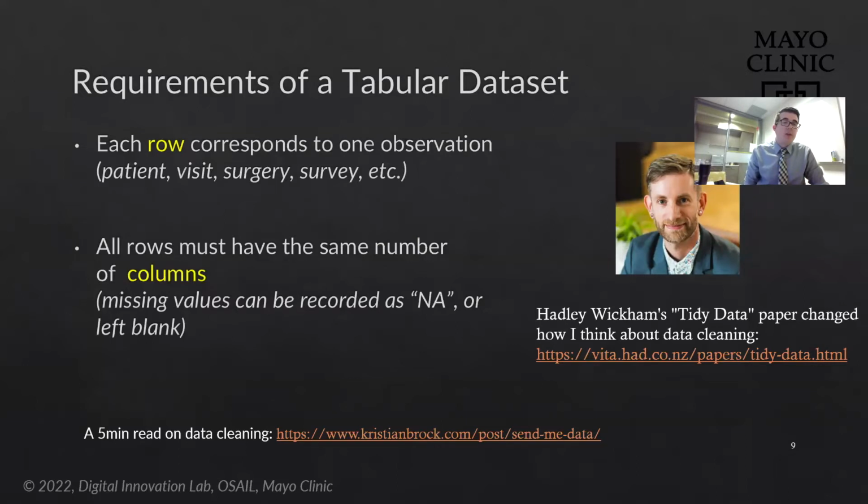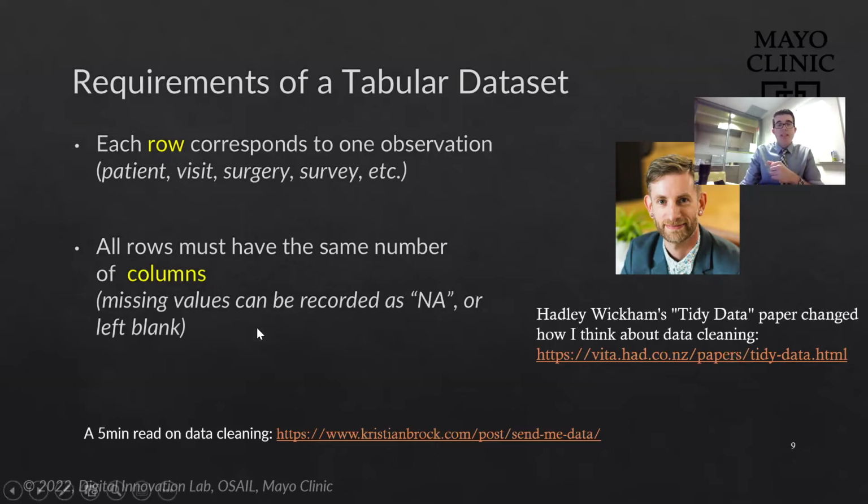So there's a few basic requirements or characteristics of tabular data sets. The first basically comes down to formatting. When you're formatting, for example, a spreadsheet, each row is going to correspond to 1 observation. And by observation, we mean a patient or a clinical visit or surgery or whatever it is you're measuring.